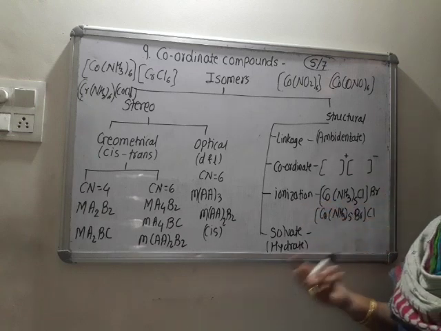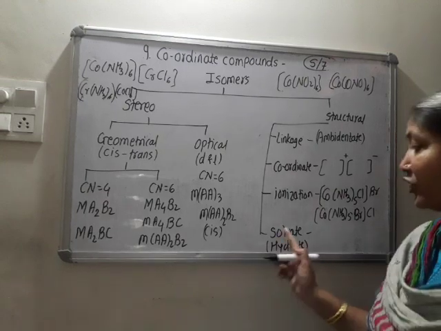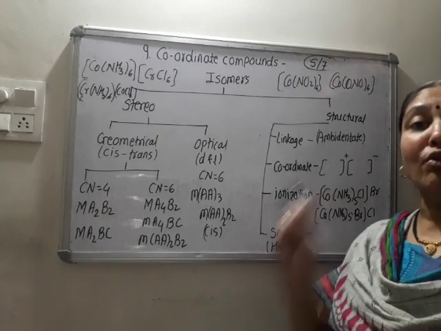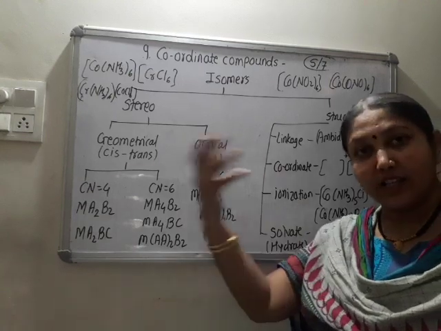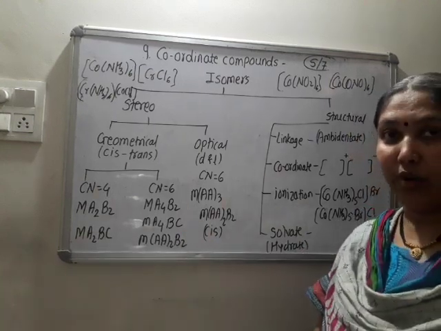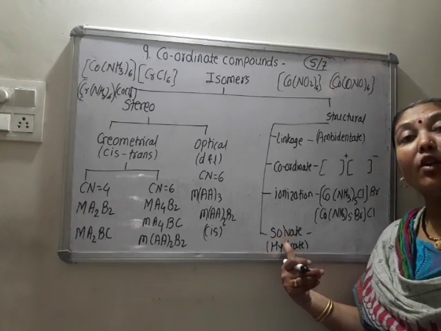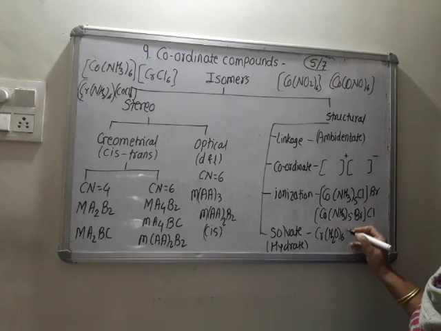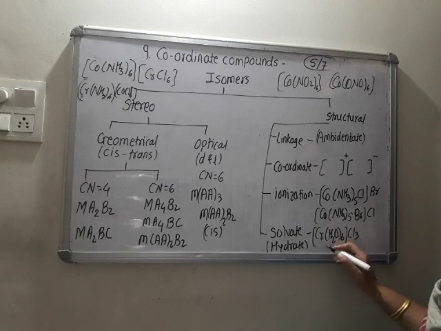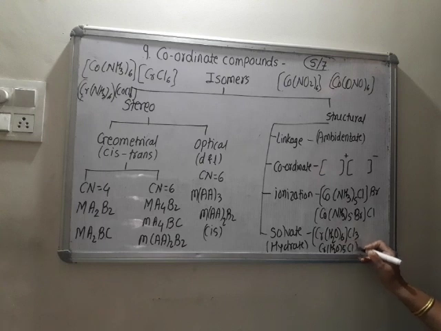These are ionization isomers. And solvate isomer means, if we see water in that complex acting as a ligand as well as water outside that square bracket, then it is solvate isomer. Means what? Cr(H2O)6 Cl3 and Cr(H2O)5 Cl, Cl2, and one H2O is outside.